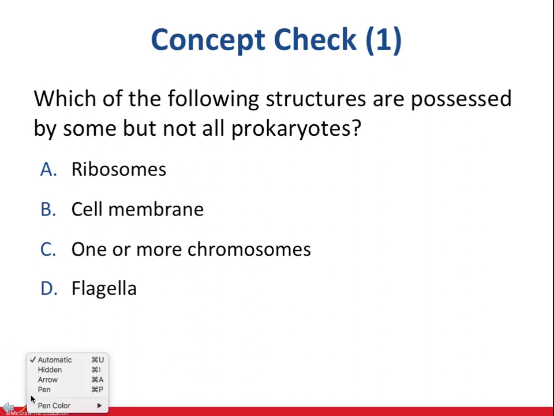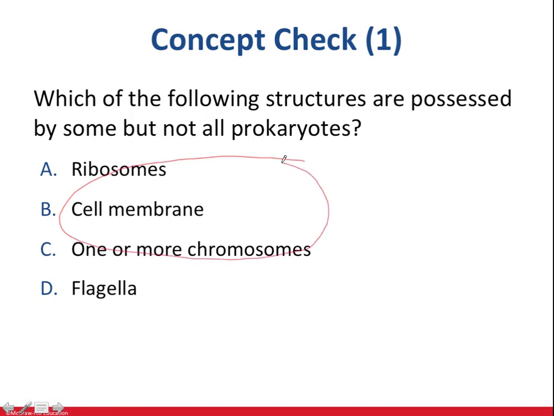All the bacteria need all these three structures, because without either one the bacteria cannot survive. So the correct answer is the flagella, because some bacteria have this for locomotion.